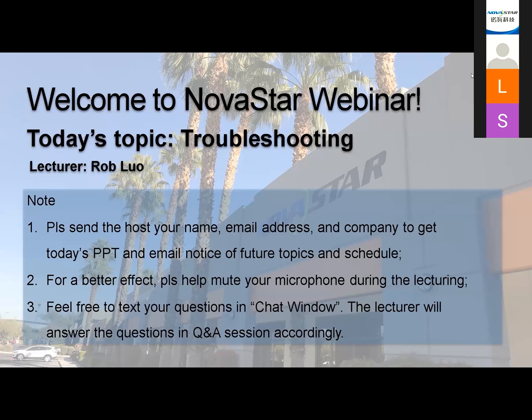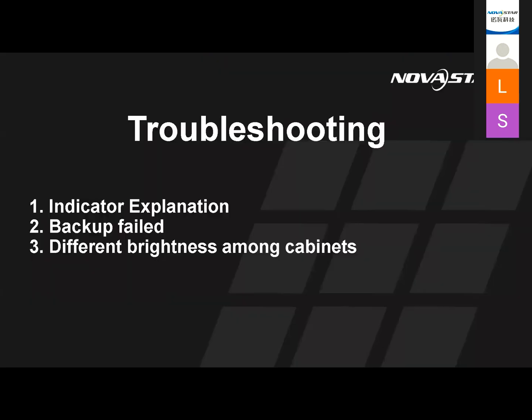I miss you guys. Okay, let's start from today's topic, troubleshooting. Today, we will talk about 3 parts of troubleshooting. The first one is indicator explanation. This is about the receiving card, so we can resolve some easy problems by checking indicator lights.